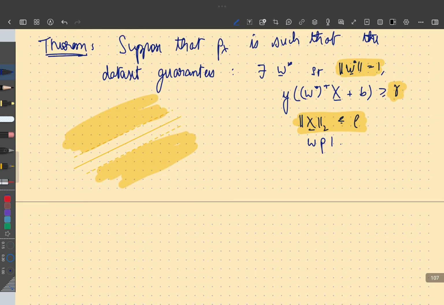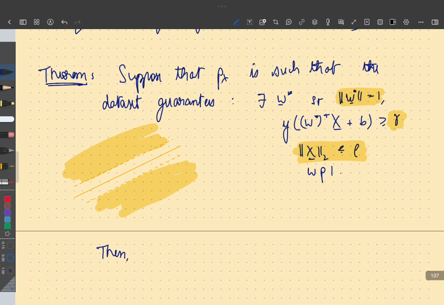Okay. So let me be more precise. Here, y is, maybe I should have a capital Y here, the sign of W star transpose X plus b.